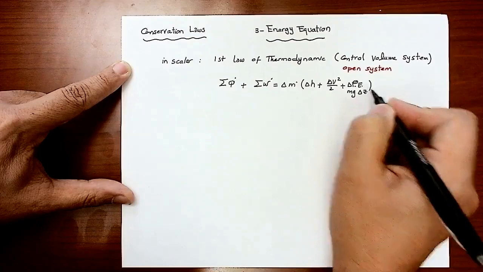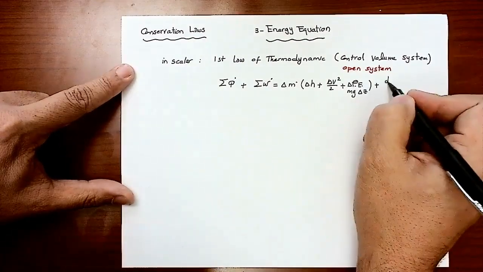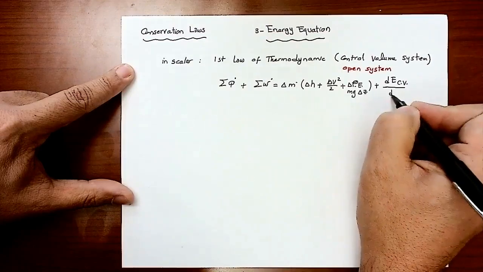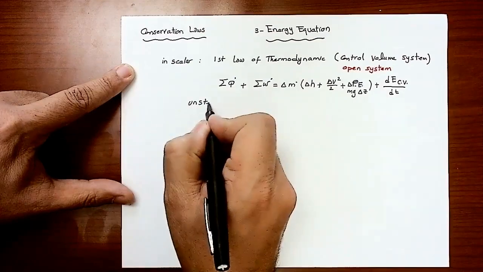That's the potential energy change, in addition to the change of the energy of the control volume itself relative to time t.